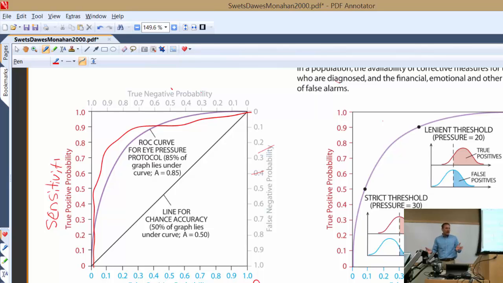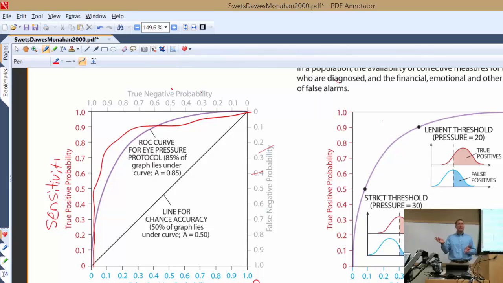It depends. You could look at area underneath the curve to make a judgment. But if you're really concerned about a particular sensitivity or specificity level, let's say you want extremely high sensitivity, in this case, the purple curve would be better, because that's going to allow you to get that high sensitivity without having so many false positives.